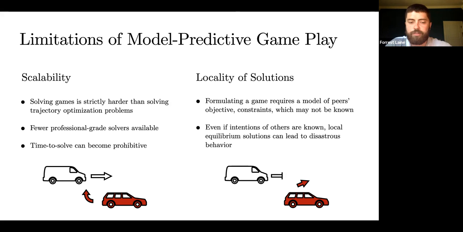And you might have two different, equally likely or plausible equilibria for the interaction between these two cars. On the left, we could have an equilibrium where the van speeds up and the station wagon changes lanes behind it. Or alternatively, the van slows down and the station wagon speeds up and changes lanes in front of it.